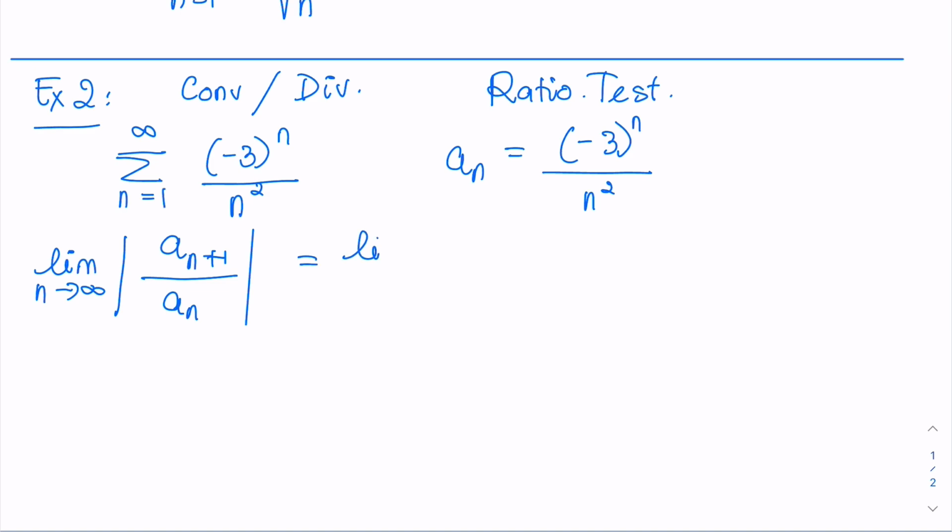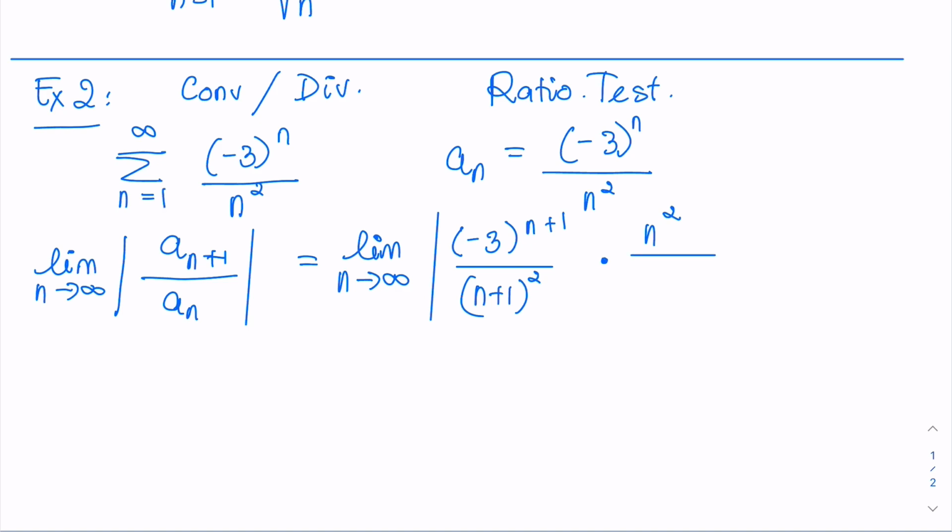So what we have is the limit as n approaches infinity of -3 to the n plus 1, this is a sub n plus 1, over n plus 1 squared. And I'm going to multiply by the reciprocal, so n squared over -3 to the n power.